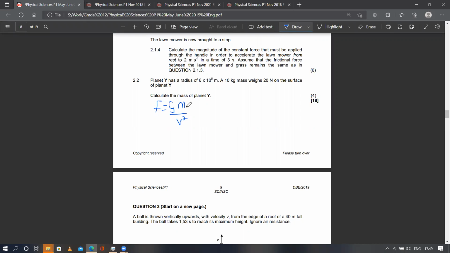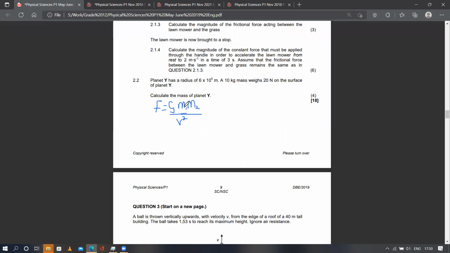Sorry, so it's going to be M1 and M2. I'm sorry about that. So now we know our force, that's 20 newtons. Let's say this 10 kilogram mass, let's make it M1. And we have our radius, and G is a constant.